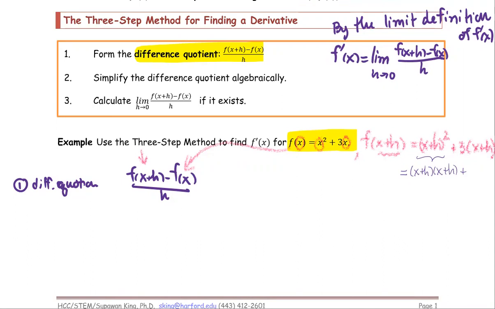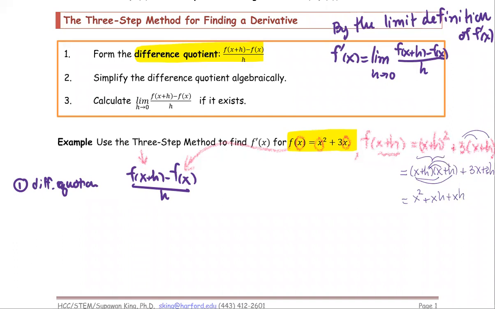So for this, we have x plus h, and then 3 times x and 3 times h to be 3x plus 3h. Simplify more. When you expand this, recall, first times first, you get x squared. Outer times outer, you get x times h. Inner times inner, you get another x times h.